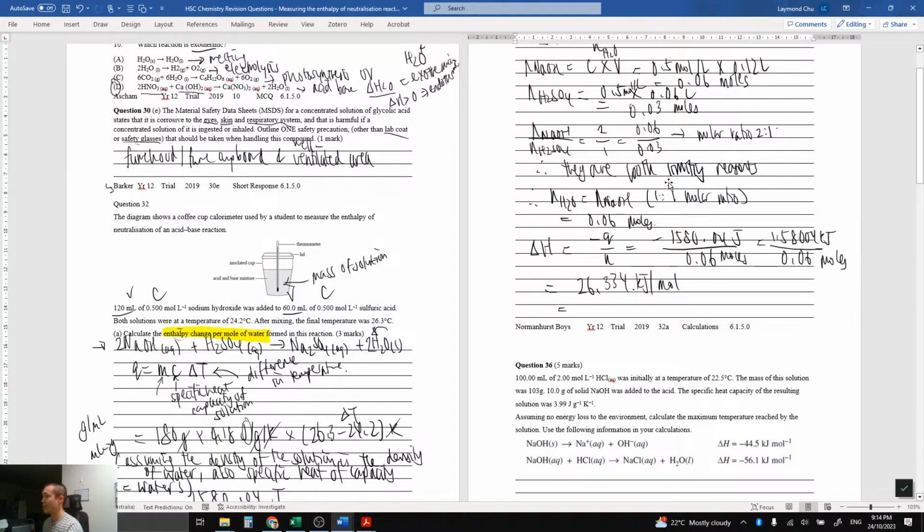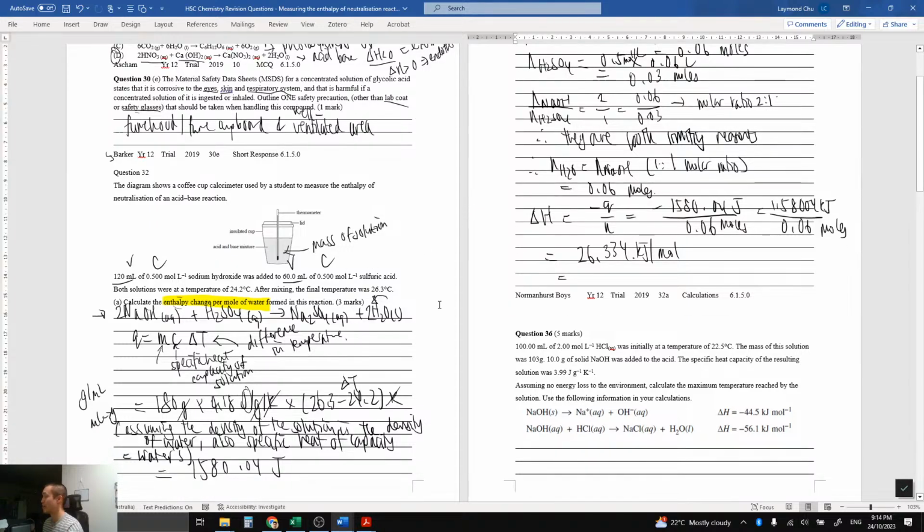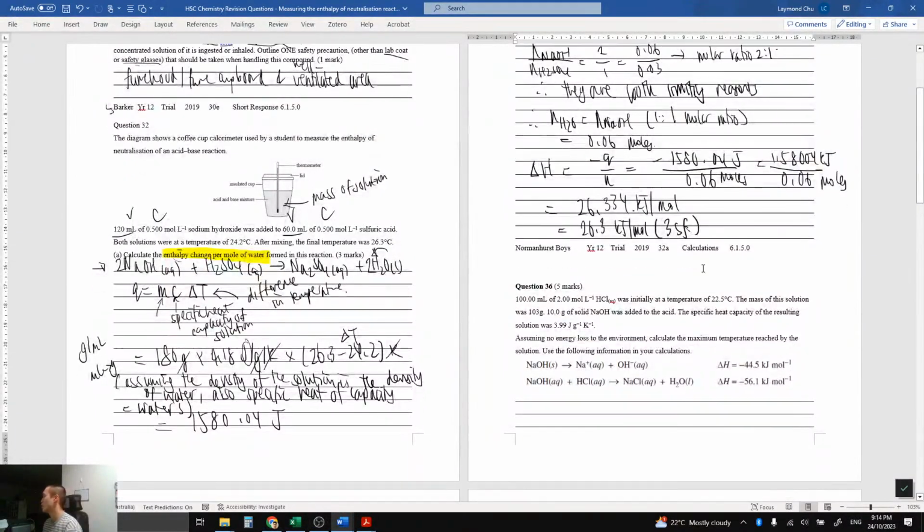Now we want to round that to how many significant figures? The lowest is 3 significant figures. So we want 3 sig figs, which is 26.3 kilojoules per mole. Always end with your units and always round your number to the lowest number of significant figures.